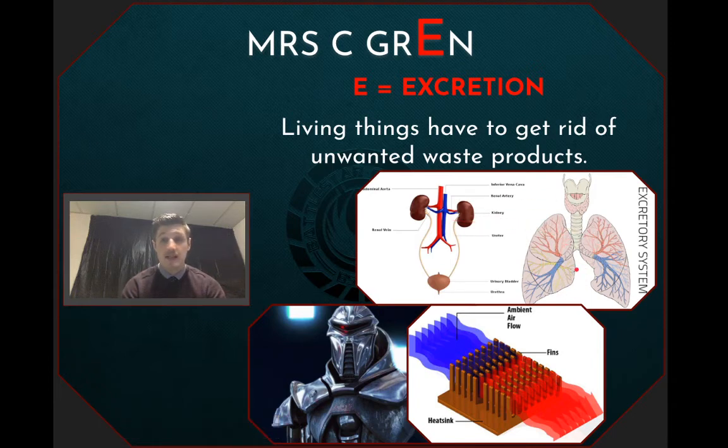Our lungs get rid of any unwanted gases like carbon dioxide. Our kidneys and bladder are very important in filtering our blood and keeping us hydrated, getting our fluids back into our body, but getting rid of anything that our bodies don't need. So that's the excretion system. All living things must excrete, so we tick that one. Again, you could maybe argue that Cylons do, so we'll leave that one as a 50-50.